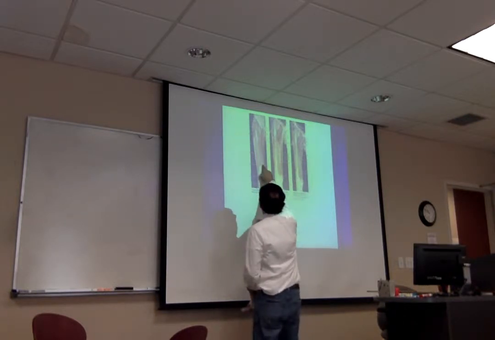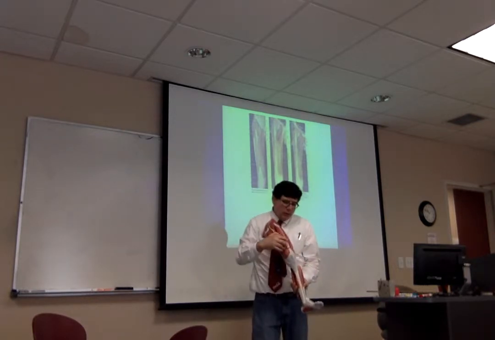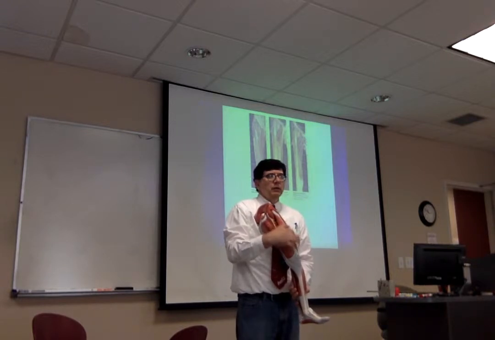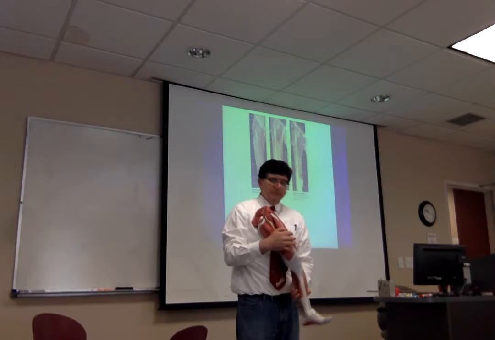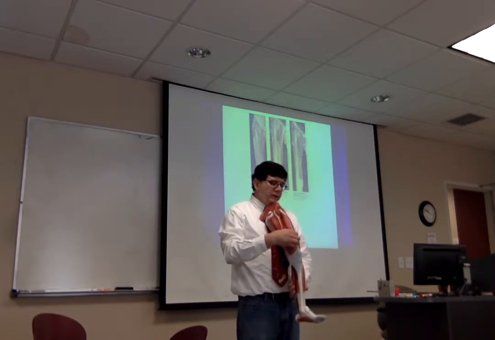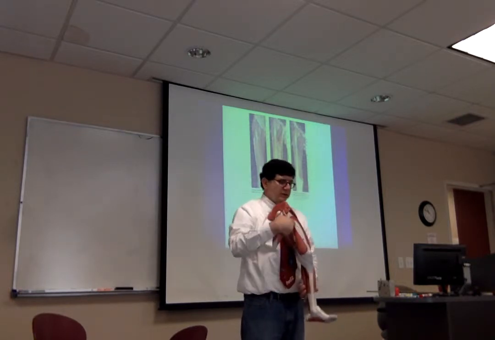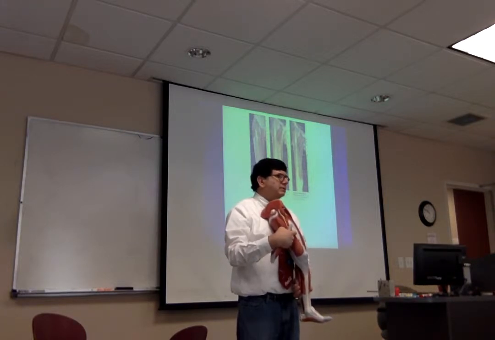Number 18, vastus medialis. The one that's located lateral to the rectus femoris would be the vastus lateralis. And the one that's located deep, I'd have to remove the rectus femoris to see it, would be called the vastus intermedius.